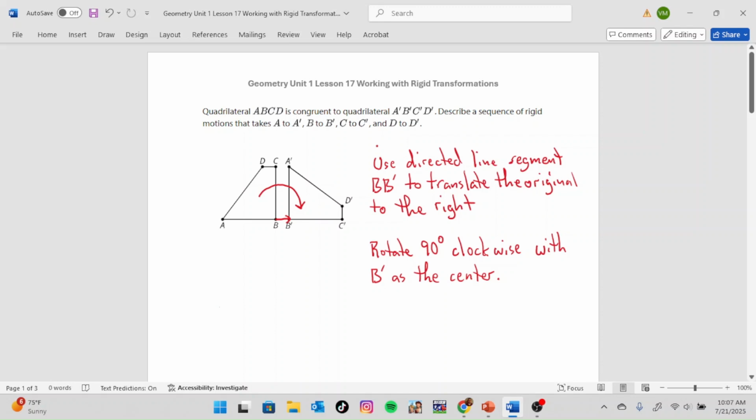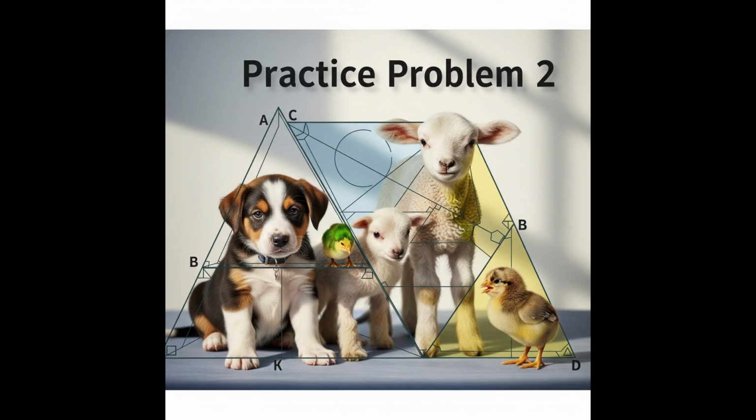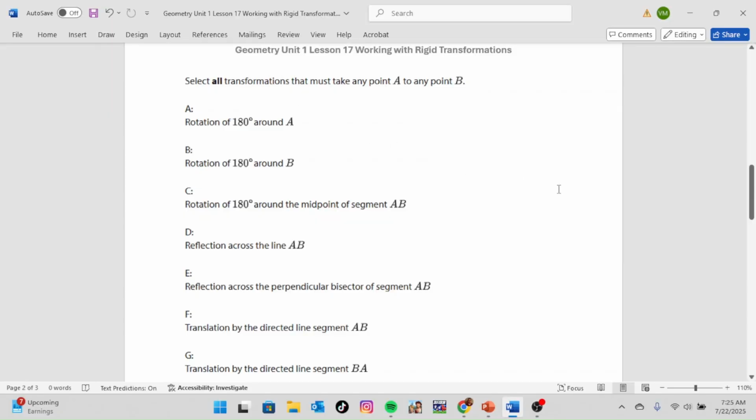And now let's take a look at practice problem number 2. Select all transformations that must take any point A to any point B. So that's the important thing.